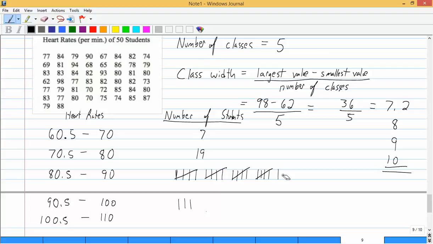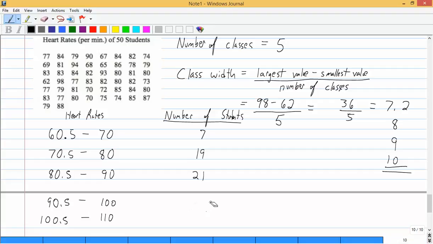This was 21. This was 3. And this was 0. If we add these numbers up, we should get 50. Probably want to do that to make sure. So 16, 17, 18, 19, 20, 0 carry the 2, 50. Yes. Alright. So this is what our frequency distribution chart would look like.